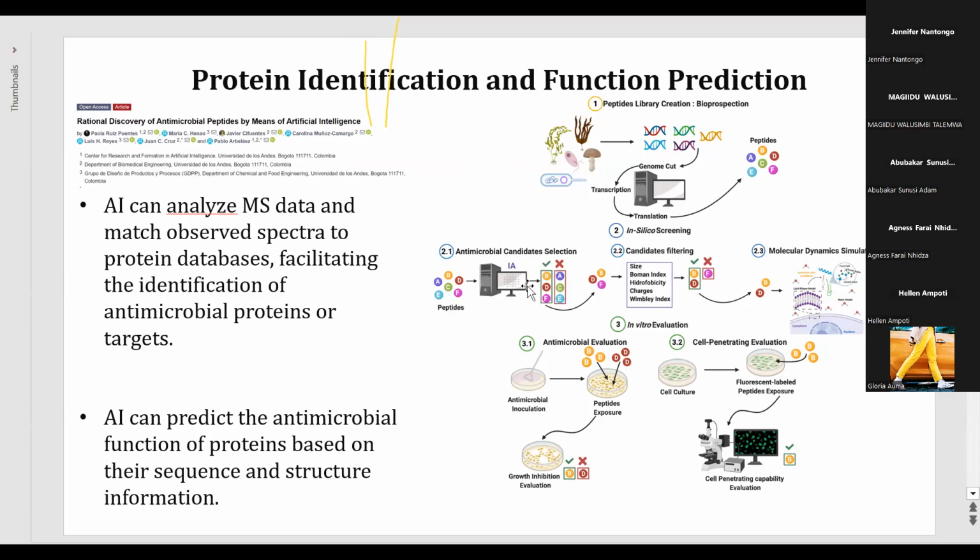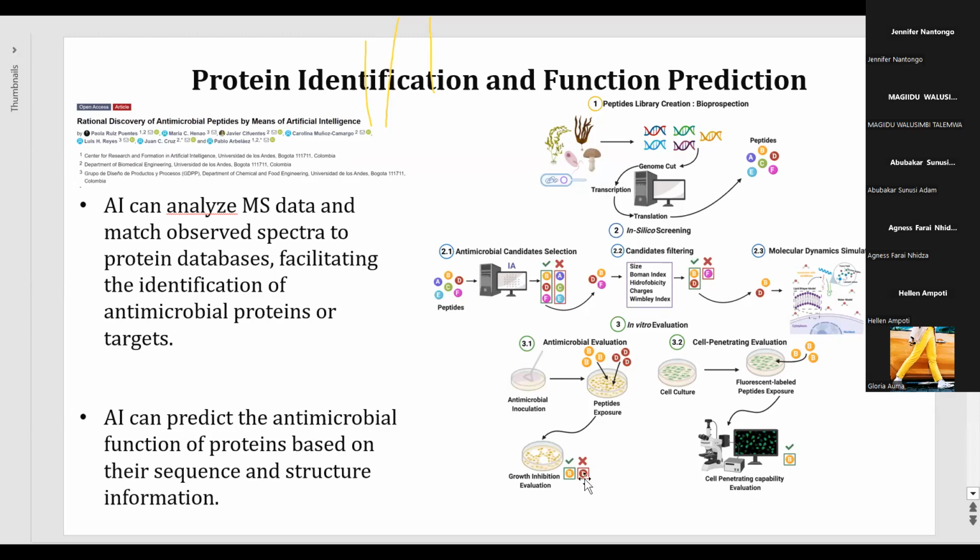This is using artificial intelligence, and using some algorithm it will say that these compounds have antimicrobial activity and the ones with the cross do not have antimicrobial activity. Then they do some molecular dynamics simulations to see how the compounds act on different cells or targets.